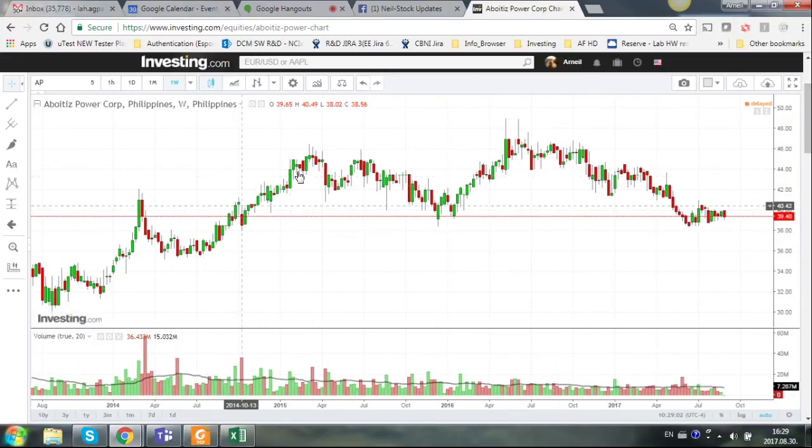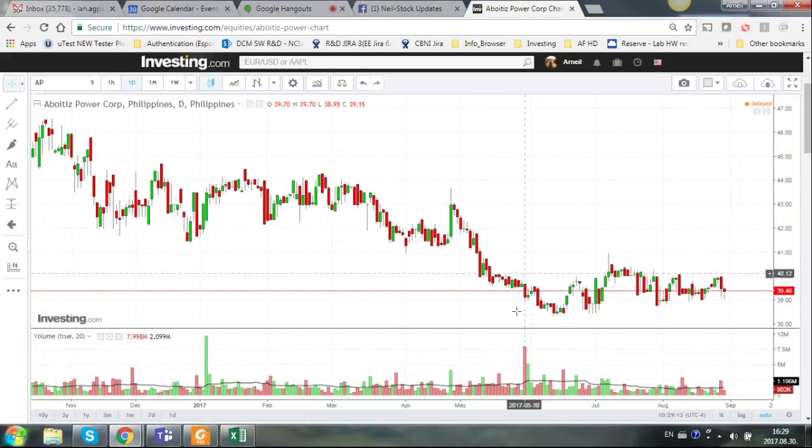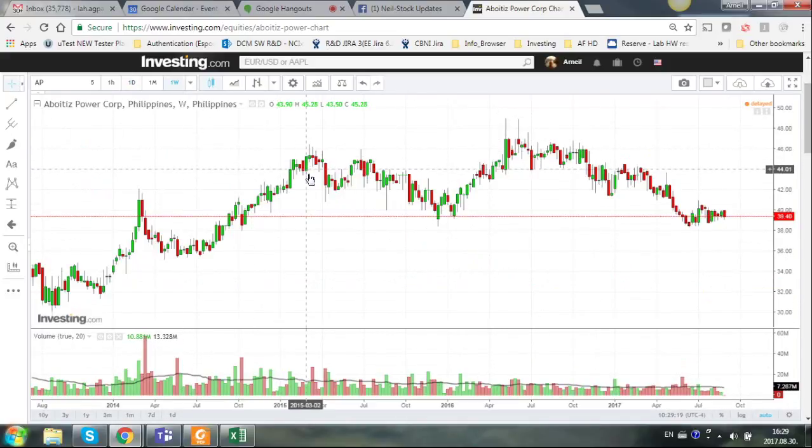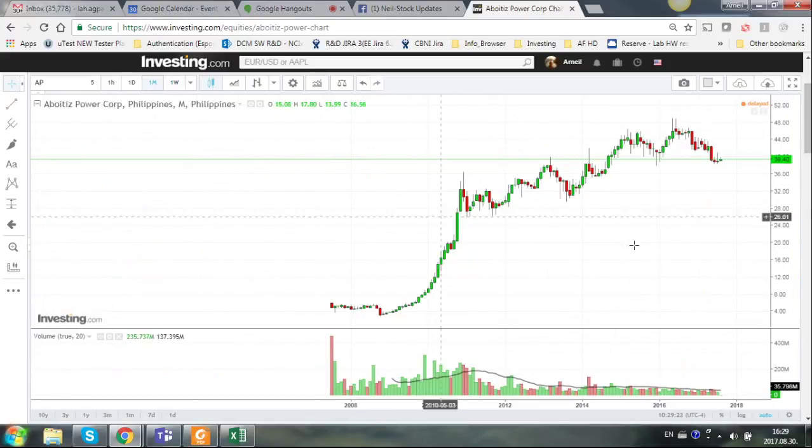Ito yung every candle is equivalent to 1 week, kaya mas malaking time frame yung nilalagay. Ito 1 day lang, kaya hanggang November last year lang to September. So magandang tingnan din yung higher perspective level para malaman mo ngayon kung ano ba yung status ng company.